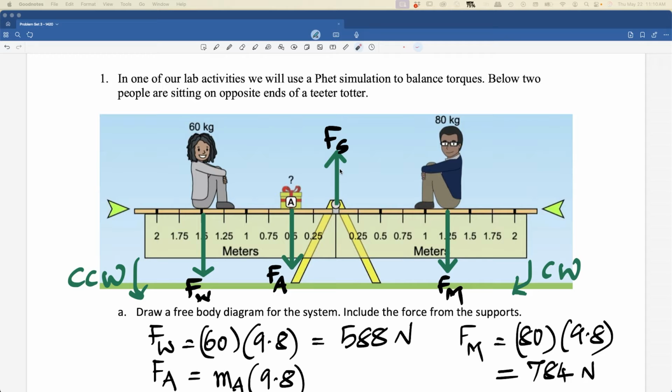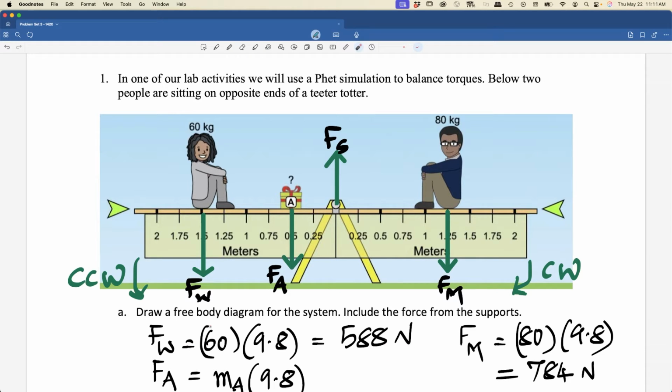What I've also done is I've calculated the forces. Do remember that force is mass times the acceleration due to gravity. So the force of the woman, which is the weight, is the mass, 60 kilograms, times 9.8, which gives you 588 Newton.